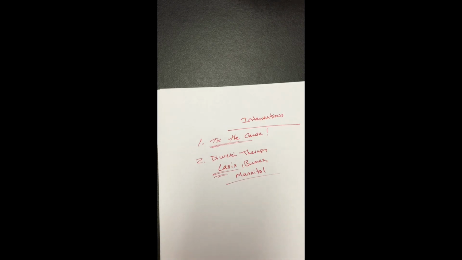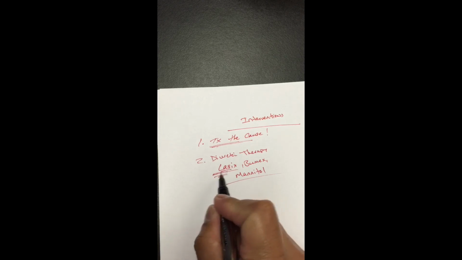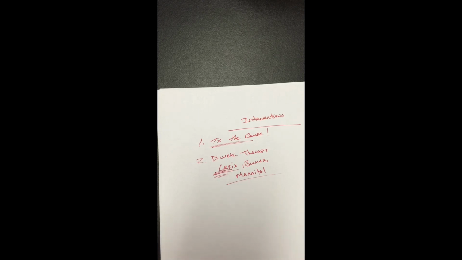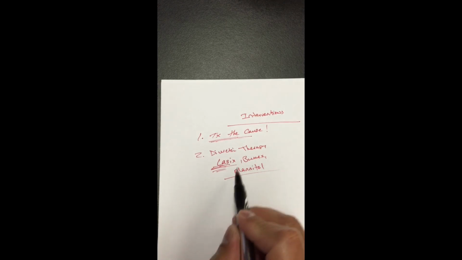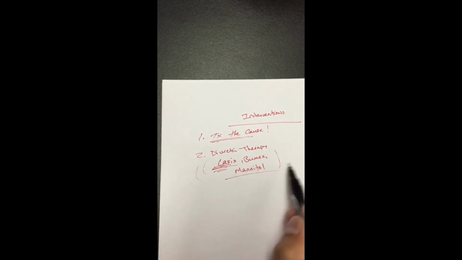It may cause ear damage, hearing loss. Okay? Now again, diuretic therapy will be determined by the physician. And again, it depends on what the cause of the renal failure is.